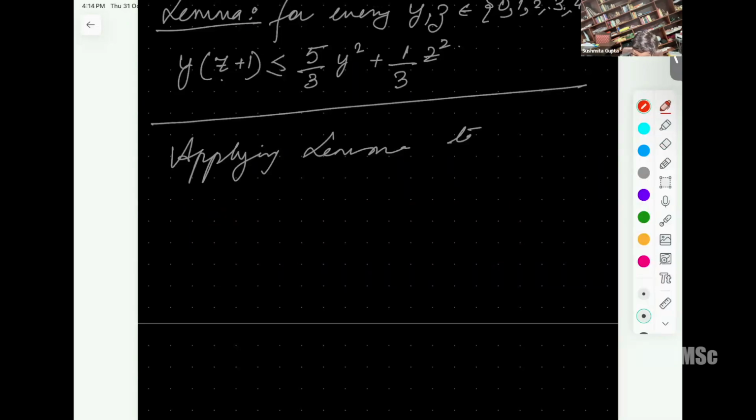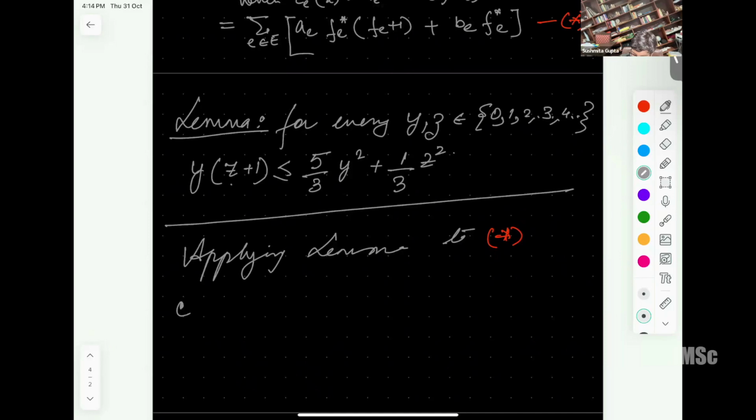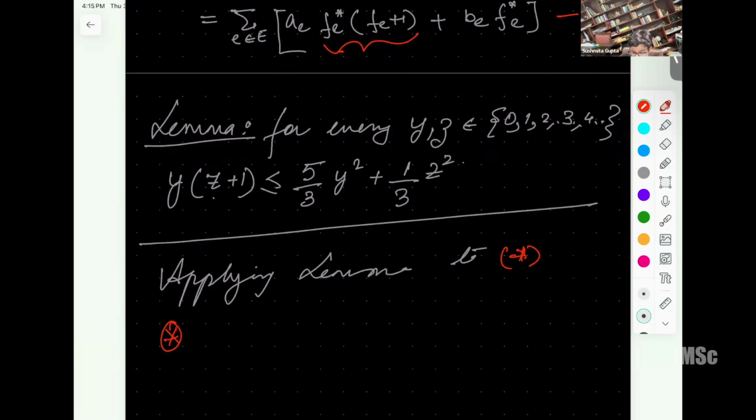To start, we get, now tell me, cost of f star. So this expression is the y into z plus 1, okay?